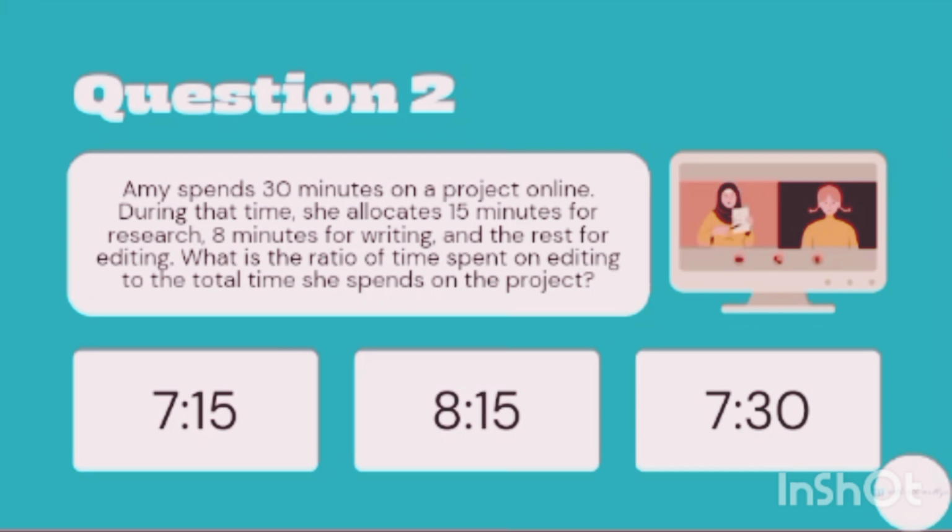We need to find the ratio of the time she spent on editing to the total time she spends on the project. The question says Amy spends 30 minutes on a project, which means the total time she spent is 30 minutes.